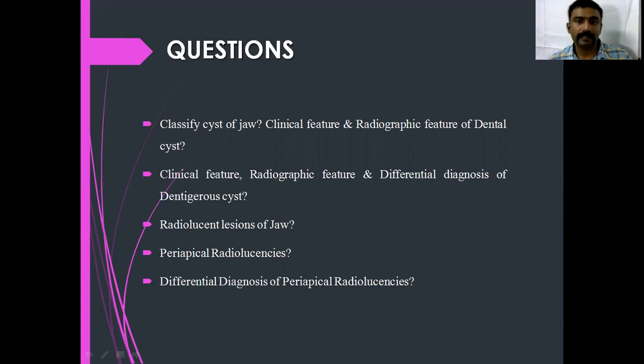The other questions are: detail about dentigerous cyst, radiolucent lesions of jaw, periapical radiolucencies, and differential diagnosis of periapical radiolucencies. So today we will discuss in detail the classification of odontogenic cyst, the radiologic features of odontogenic cyst, and in brief, the management of odontogenic cyst.